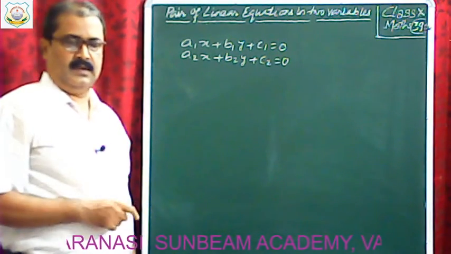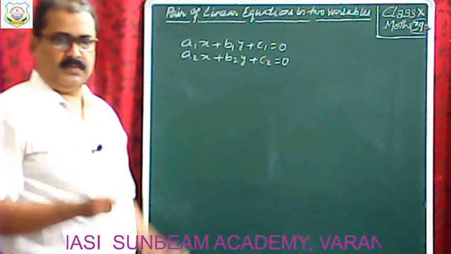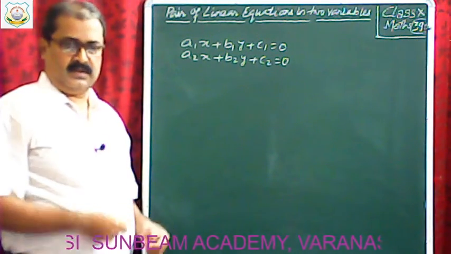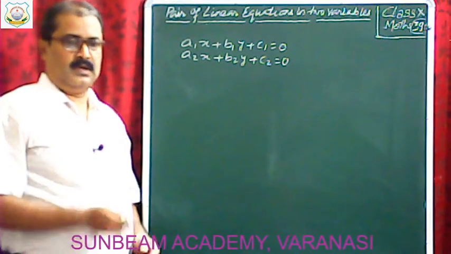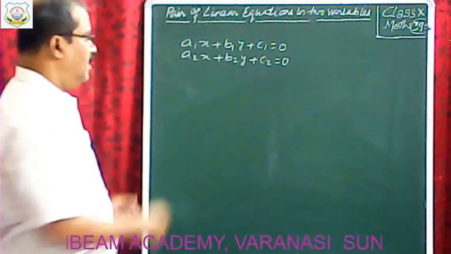Since both are linear, we get two straight lines. One linear equation represents a straight line on graph paper, as you know. So there are two linear equations, and we get two straight lines on the graph.